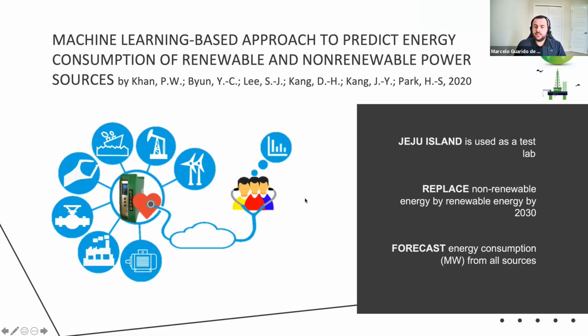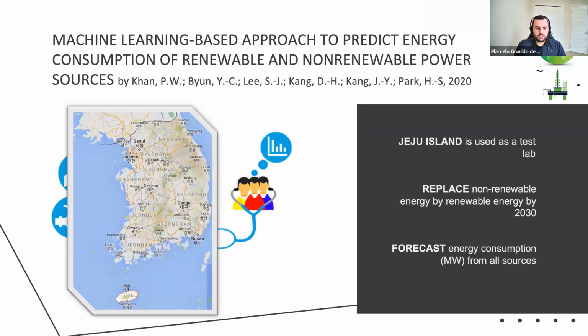And they used an island named Jeju in the south of South Korea as a test lab because they are planning to change all the sources of energy from non-renewable to renewable by 2030. And the goal is to forecast how much energy is going to be needed in the next years so they can plan better how they're going to be doing this replacement.